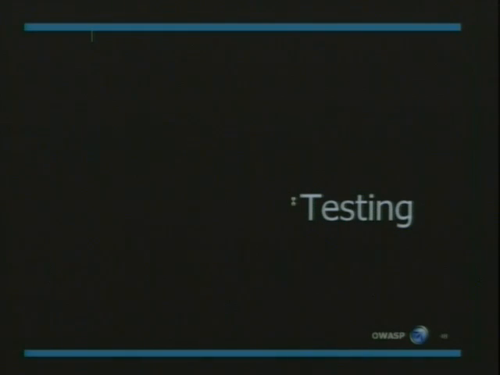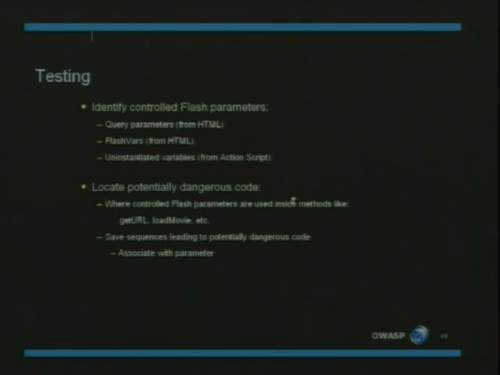Okay, we can go. Okay, so we'll talk a little bit about testing Flash applications. Just say a few words about it. So the first thing you need to do when testing Flash application is to identify those global Flash variables we've talked about. And there are actually several methods that are stated here on how you can do it, and we'll gladly discuss it. But because we are actually running out of time, we actually just say a few words.